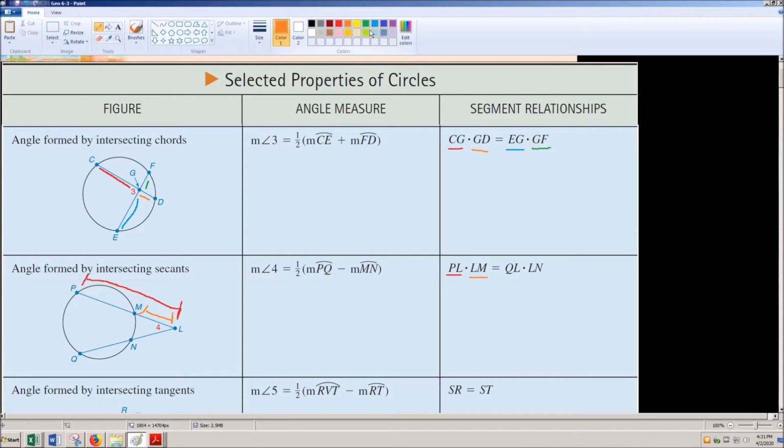Then QL for the long green on the bottom, and LN for the short blue on the bottom. And that's it. PL times ML equals QL times NL. This relationship is true for our secant lines.